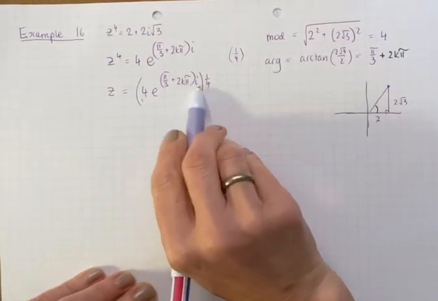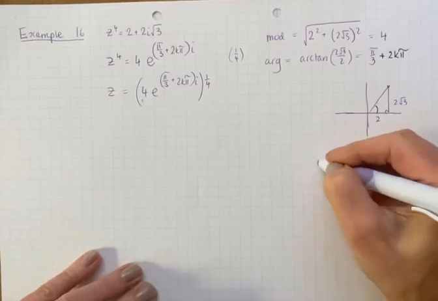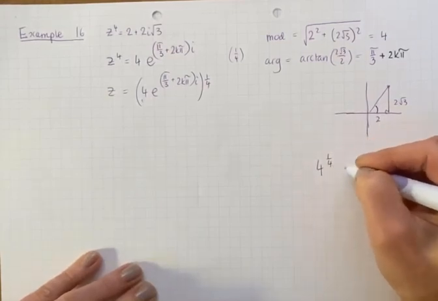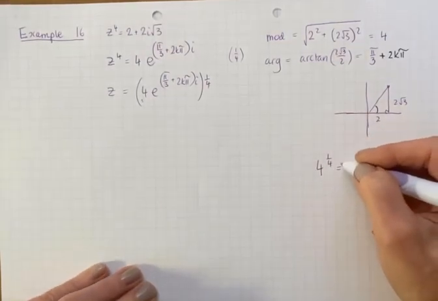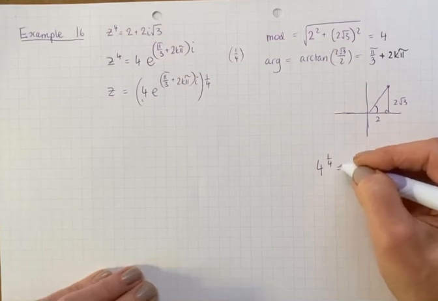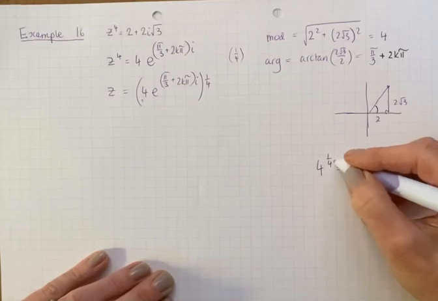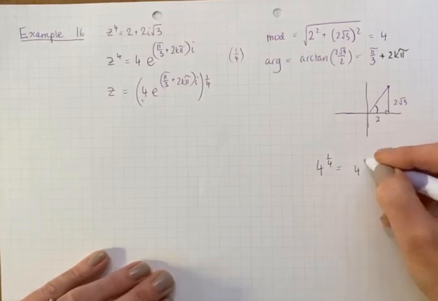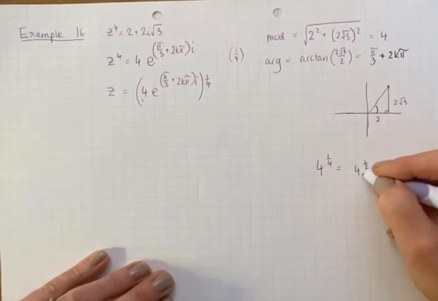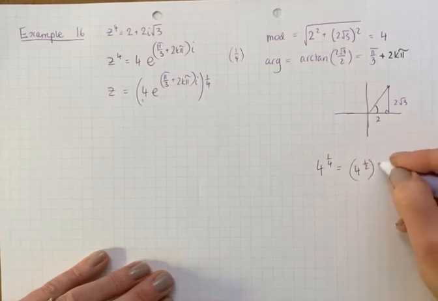Okay, so here we're going to raise 4 to the power of a quarter. Now, if you pop this into the calculator, it'll give you a decimal as the modulus of that number, and you will lose marks. So very carefully, just think, if you're finding a 4th root, it's the same as finding a square root, so raising it to the power of a half, and then a square root of that answer.